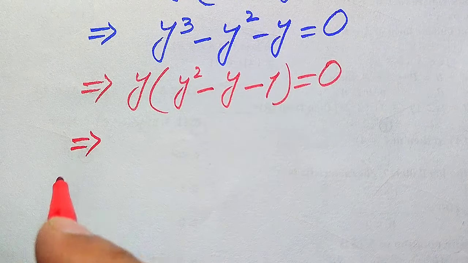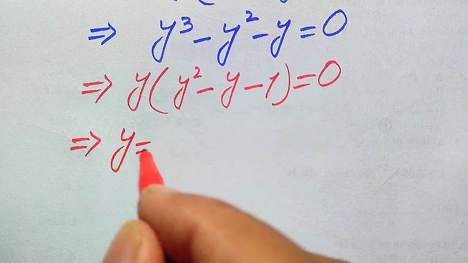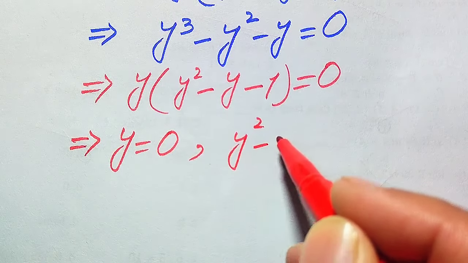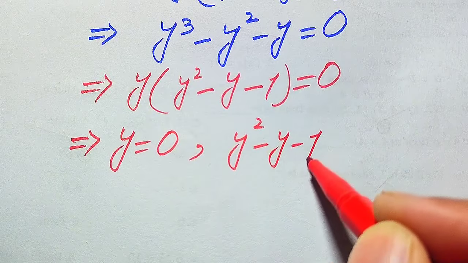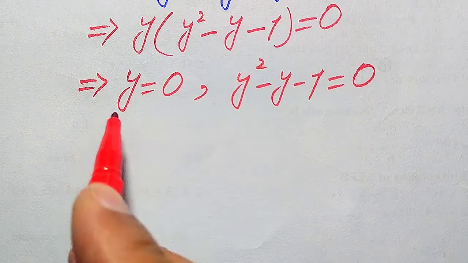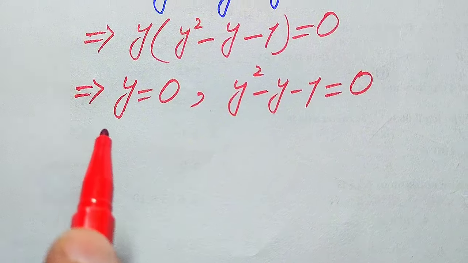In the next step we divide this equation into two cases. The first case is y equals 0, and the second case is y squared minus y minus 1 equals 0. From here we get the value of b, so we back substitute the value of y.